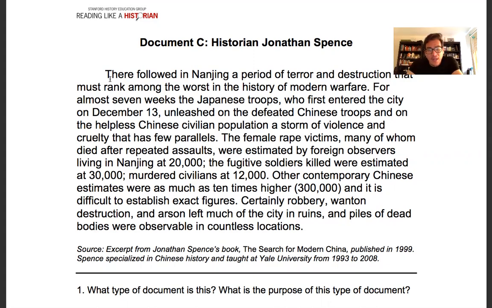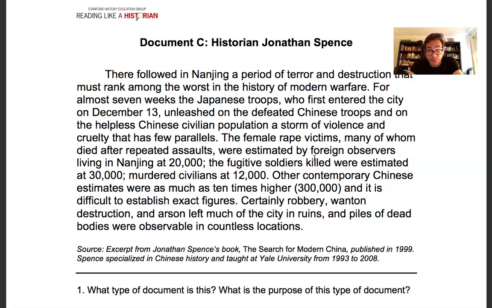So let's jump in. There followed in Nanjing a period of terror and destruction that must rank among the worst in the history of modern warfare. For almost 7 weeks, the Japanese troops, who first entered the city on December 13th, unleashed on the defeated Chinese troops and on the helpless Chinese civilian population a storm of violence and cruelty that has few parallels. The female rape victims, many of whom died after repeated assaults, were estimated by foreign observers living in Nanjing at 20,000.